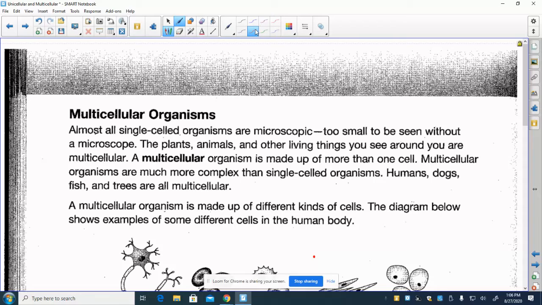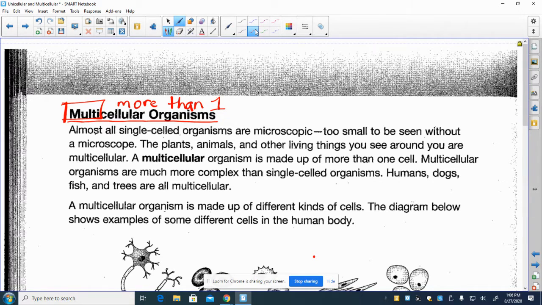Today we are going to learn about multicellular organisms. And I want to share something with you before we really jump in. The word multi here means more than one. Think about words like multiply, multiple.